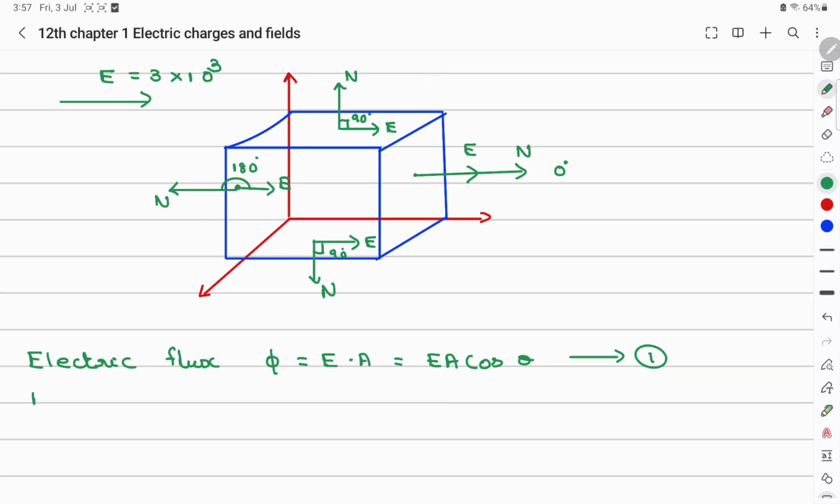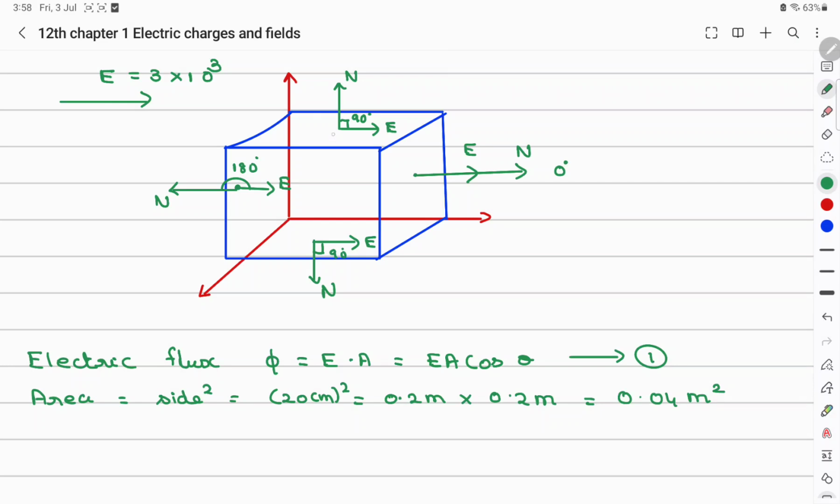And the area, which is the side square, so 20 centimeter square, can be written as 0.2 meter into 0.2 meter, which gives you 0.04 meter square.